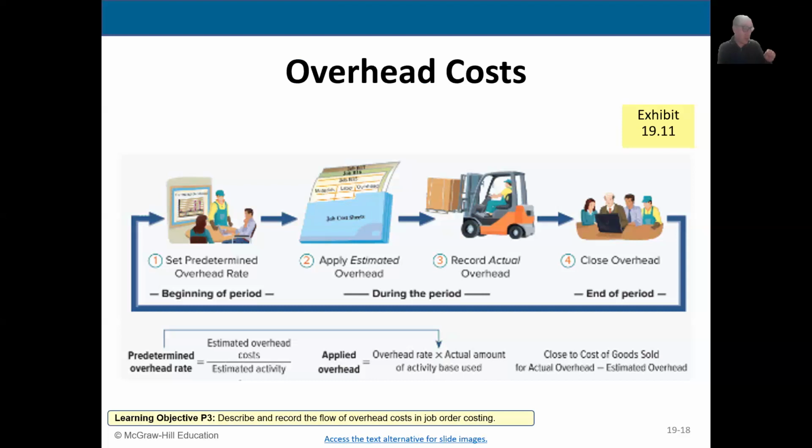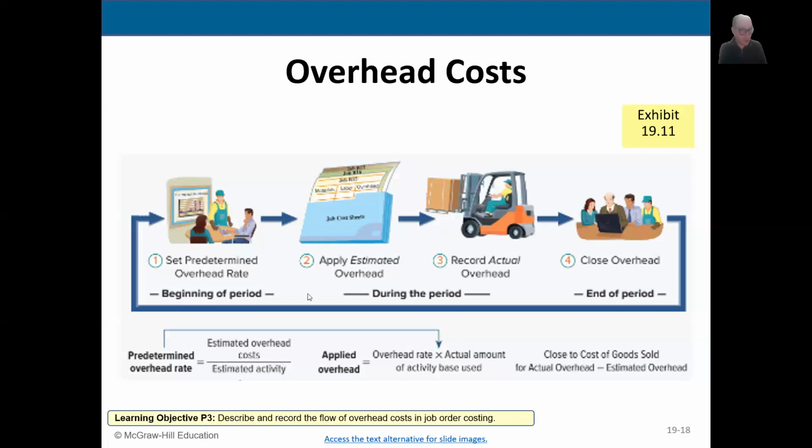If the actual overhead comes in greater than the estimate, that means we've underapplied factory overhead. If the actual amount comes in less than the estimate, then we've overapplied factory overhead. We make adjusting entries at the end. That's the overall basics of it.